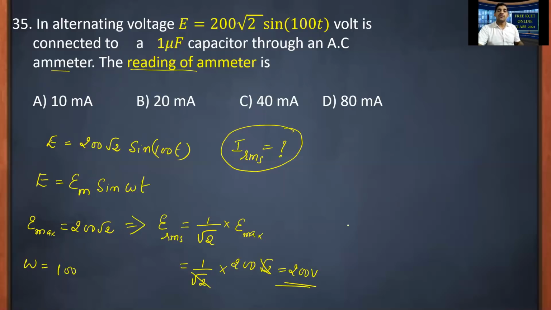Now what is IRMS? IRMS is equal to ERMS divided by the reactance.